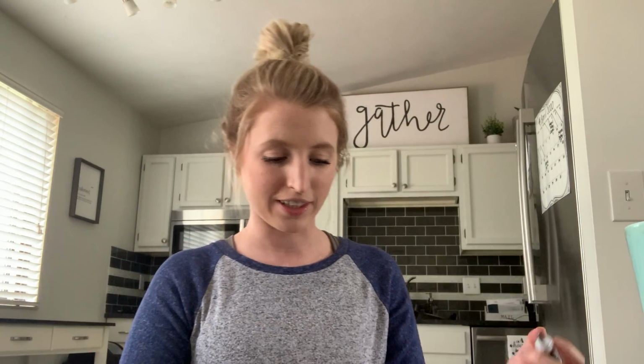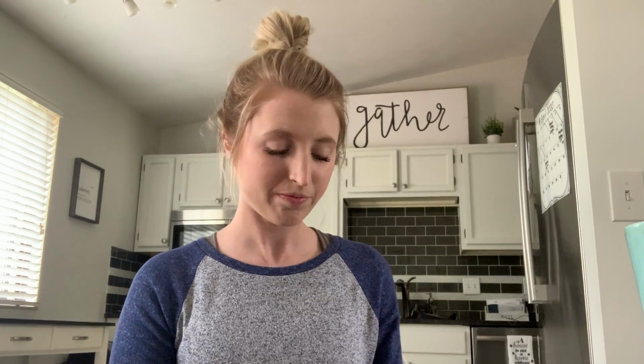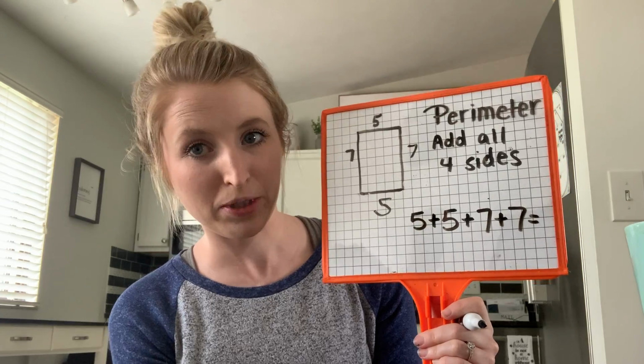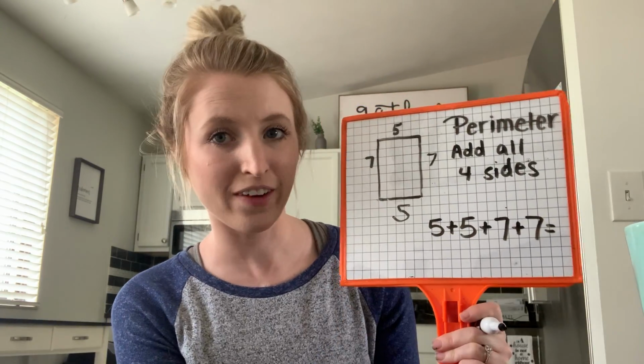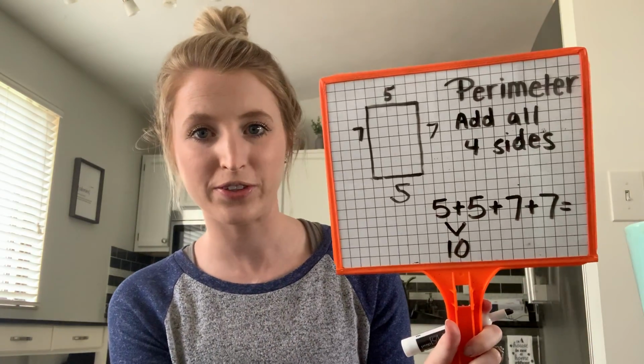So let's go ahead and write that down. I have to write 5 plus 5 plus 7 plus 7. Okay, so when I add those numbers up, 5 plus 5 is 10. I'm going to draw my arrow down so you can see it.